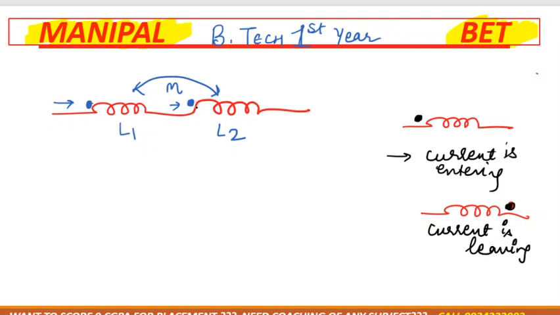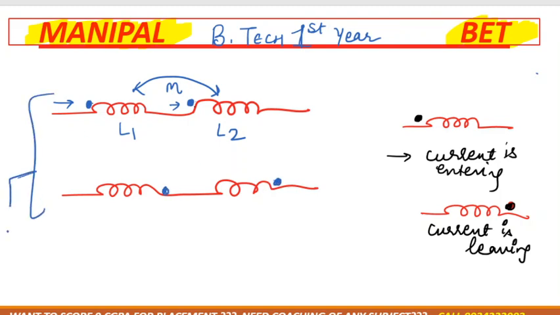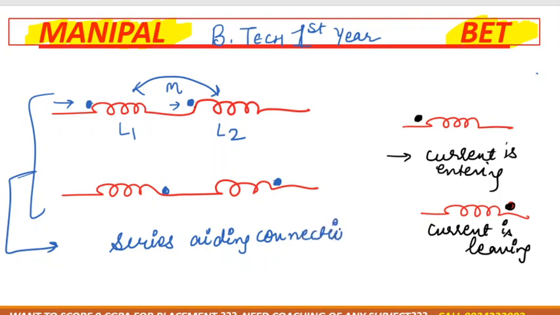So if both the dots are on the starting side, or both the dots are on the leaving side, then this connection is known as series aiding connection.